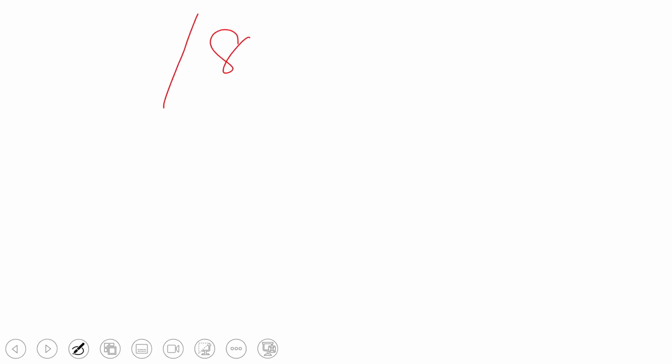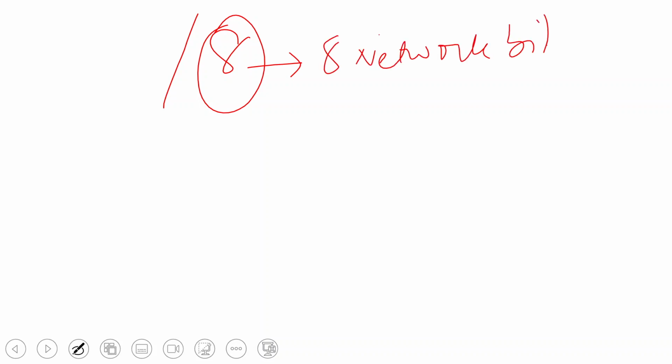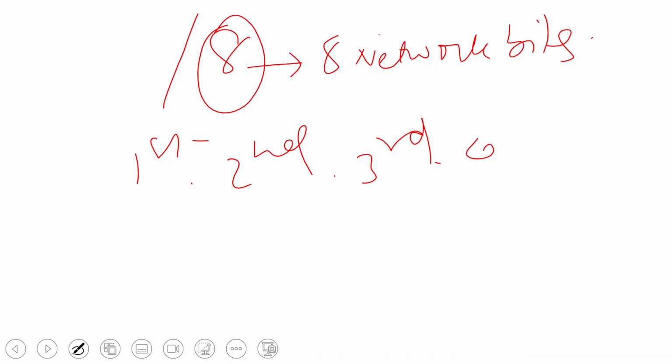Slash 8. So what this 8 means is 8 network bits. Slash 8 means the first octet. So you have 4 octets: first dot, second dot, third dot, fourth.